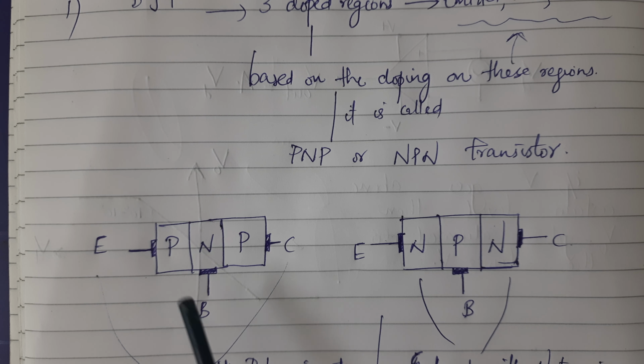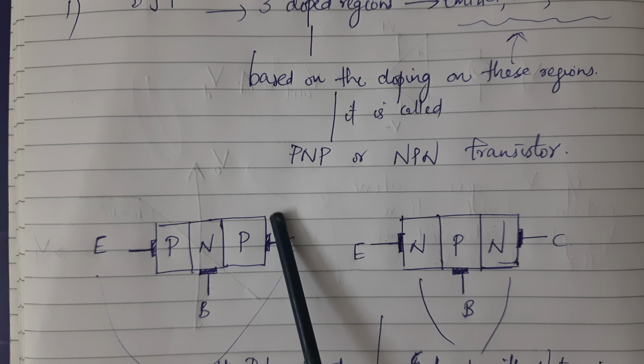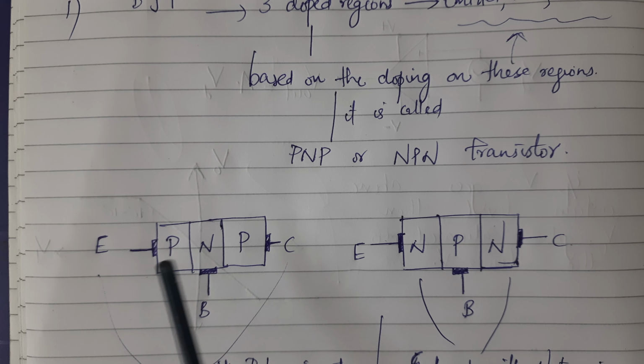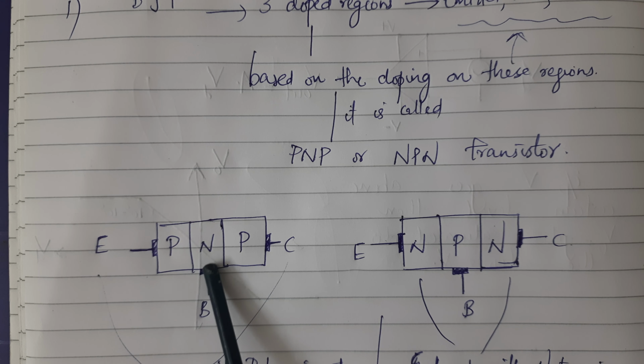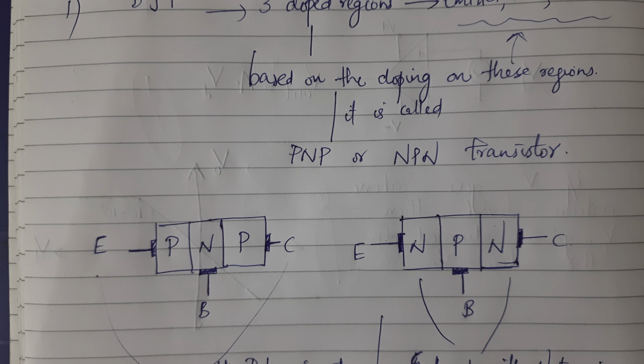So the heavily doped region is the emitter, the lightly doped is the base, and the collector is in between, moderately doped. The biggest region is the collector, followed by the emitter, and the base is a very thin region. Hope it is clear up to this much.